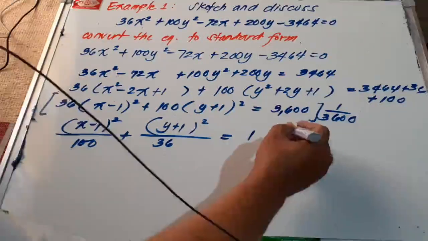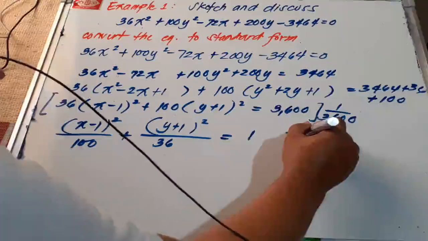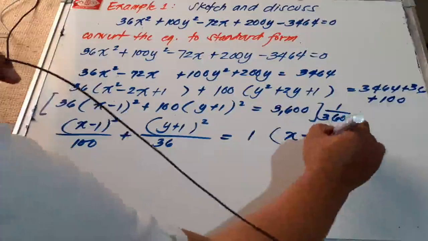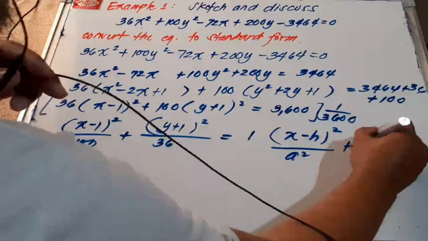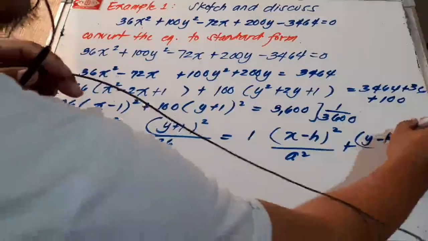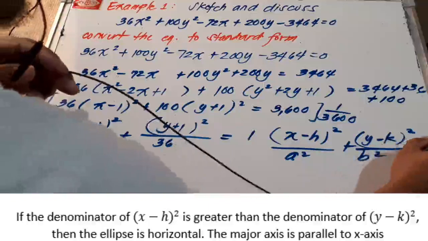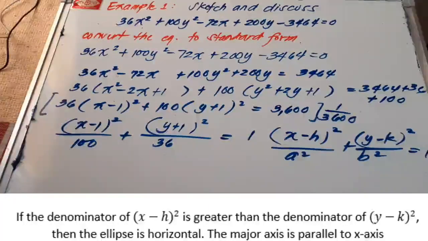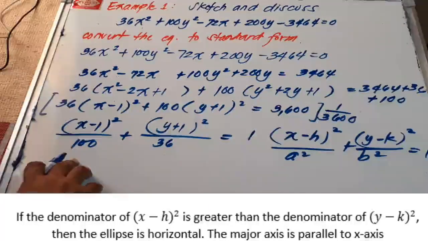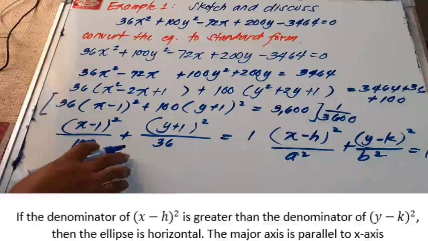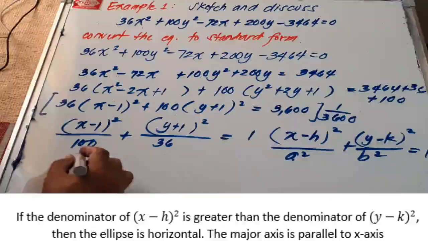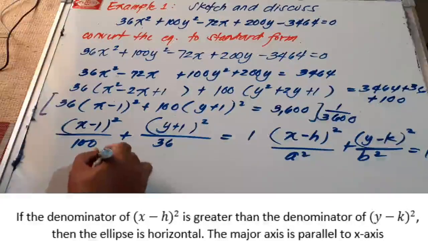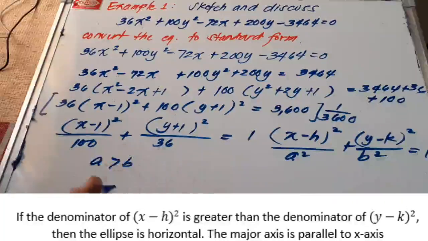We're going to match this to our standard equation of an ellipse: (x minus h) squared over a squared plus (y minus k) squared over b squared equals 1. Katulad siya. Since the denominator of x squared is greater than the denominator of y squared, and it is always that a is greater than b, malaki to.